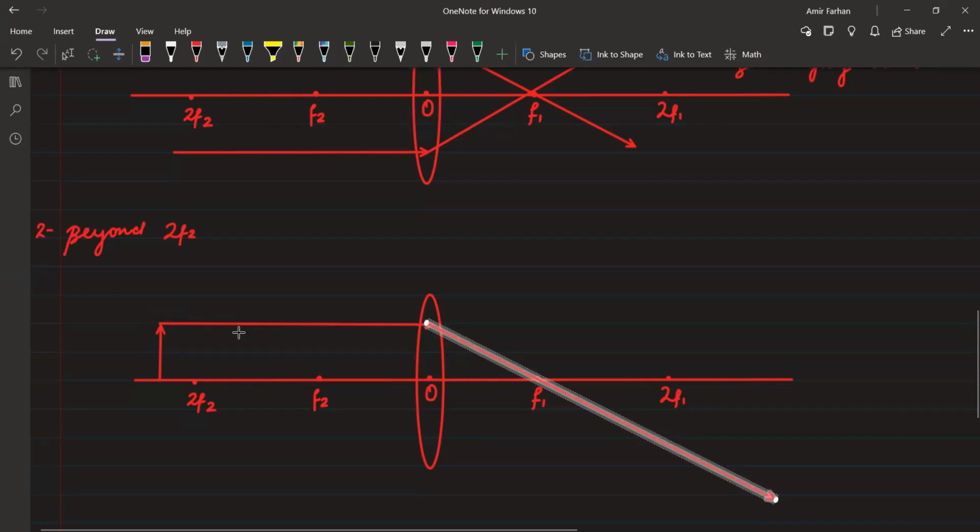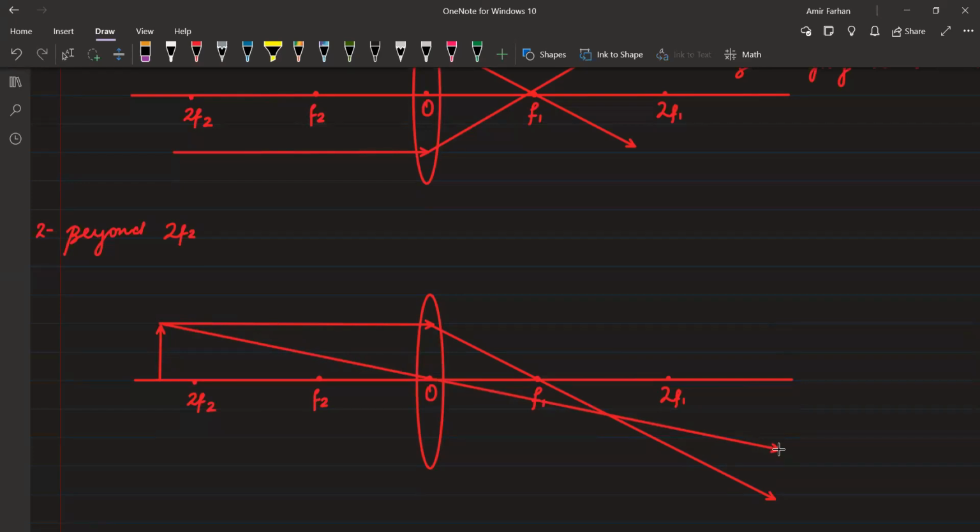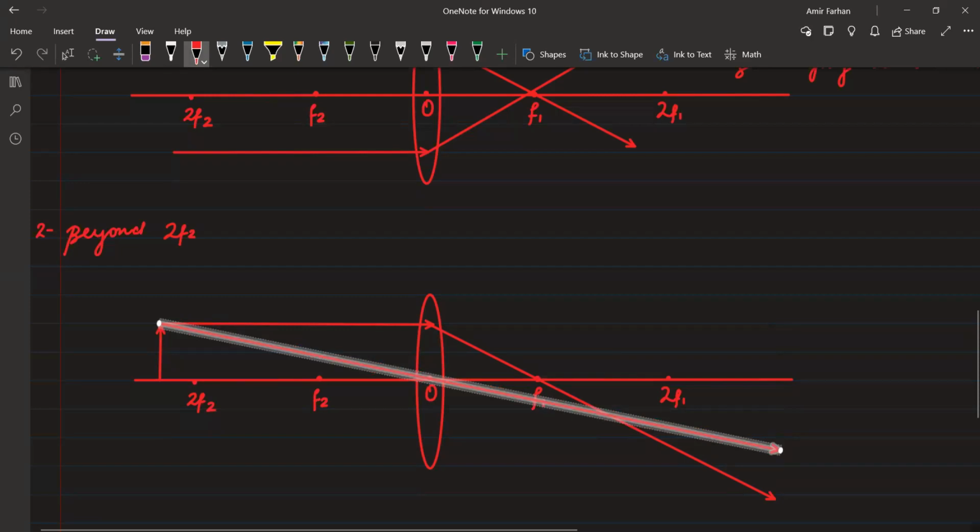The second ray I will take will directly pass through the optical center. When the light ray passes through the optical center, it will go without any refraction, without any bending of light, because it strikes the surface at 90 degrees. I told you in the first class of refraction that when the light ray falls normally on the surface, it will go without any refraction. How many of you remember this? Yes, sir.